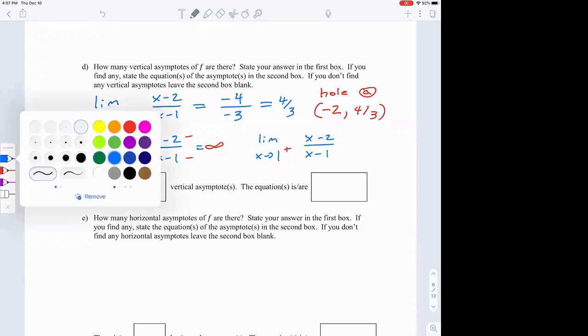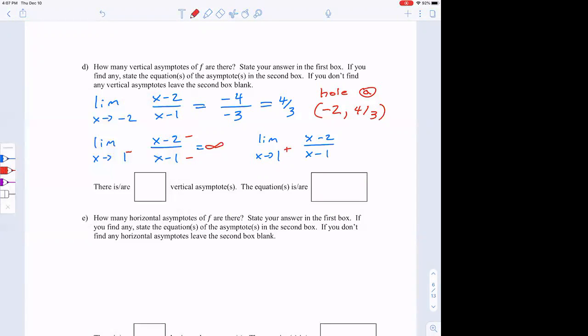And now I'm going to think about values that are close to 1, but from the right-hand side, like 1.1. When I take 1.1 and I subtract 1, this time I get a positive value. So it's positive in the denominator, still negative in the numerator, so this time I get negative infinity.